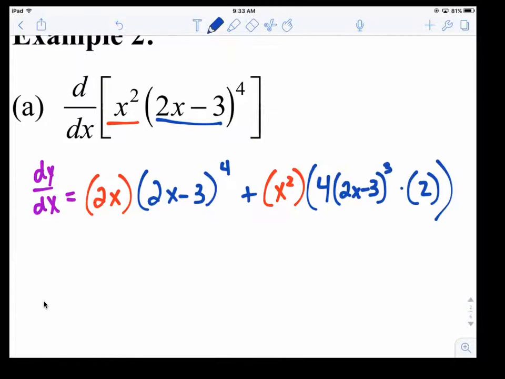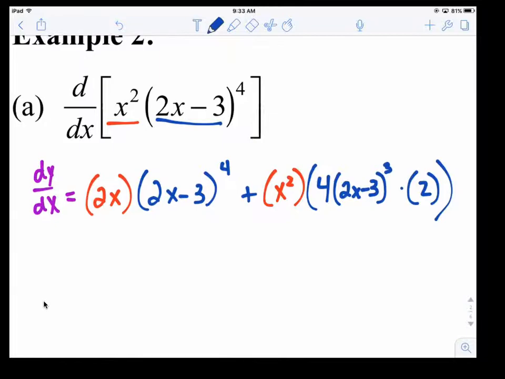So derivative of the first times the second plus the first function times the derivative of the second. So it's chain rule. So it's blob to the 4th. Derivative of blob to the 4th is 4 blob to the 3rd times the derivative of the inside now, which is just 2.